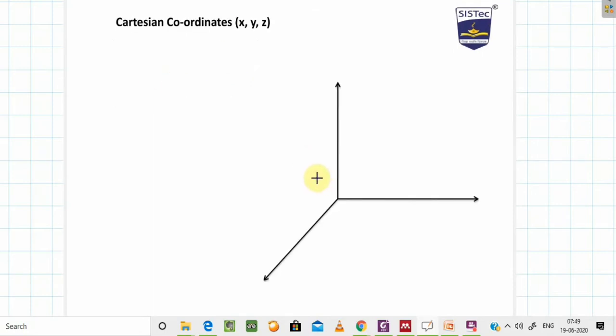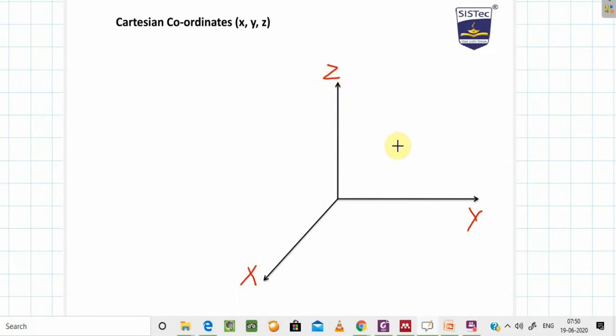So, here we have the three axes x, y, and z. Okay, so let me mark the axes. Here it is. It is the x-axis, and this one is the y-axis, and this one is the z-axis.